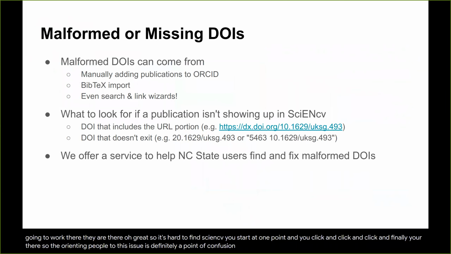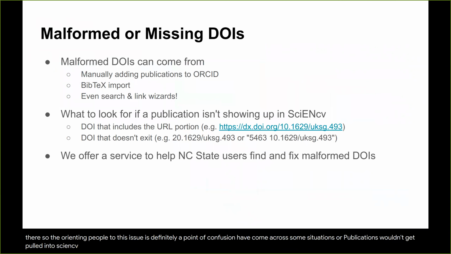We have come across some situations where publications wouldn't get pulled into SciENcv from ORCID. And so what we found was that some of the DOIs associated with those publications were incorrectly formatted or didn't exist.